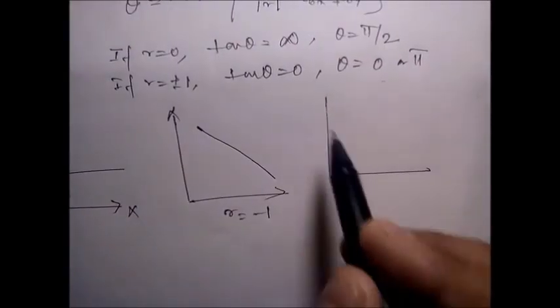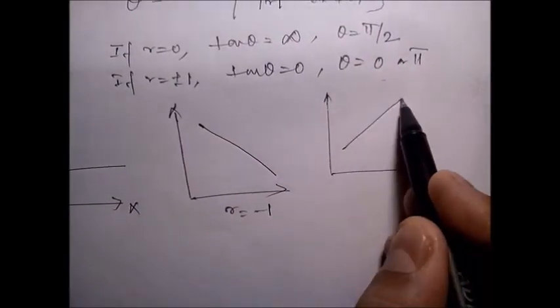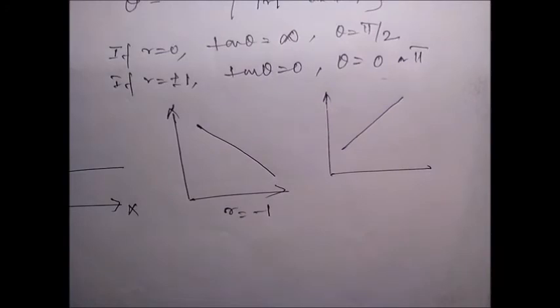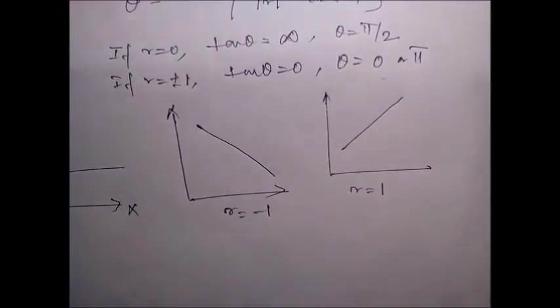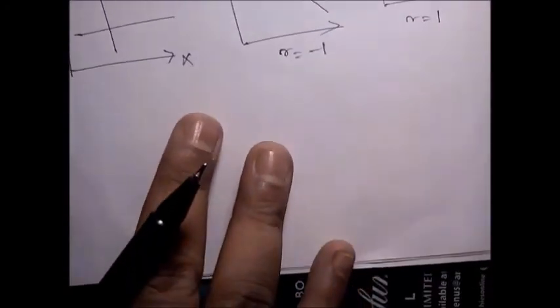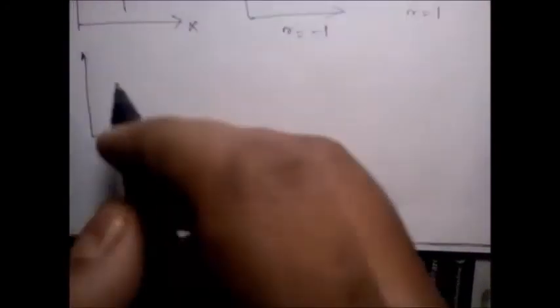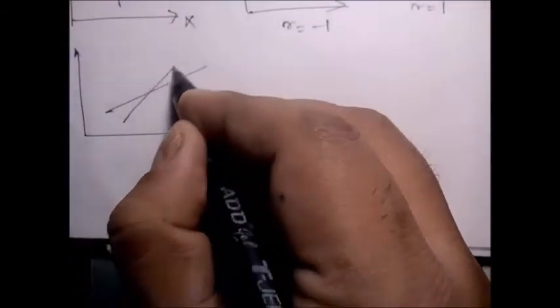Similarly, if both the lines coincide and the line slopes this way, then r is equal to 1, so there is perfect correlation between the two variables and it is positively correlated. Similarly, if you plot the two lines and the angle between them is very small, that means a strong correlation is there between the two variables.